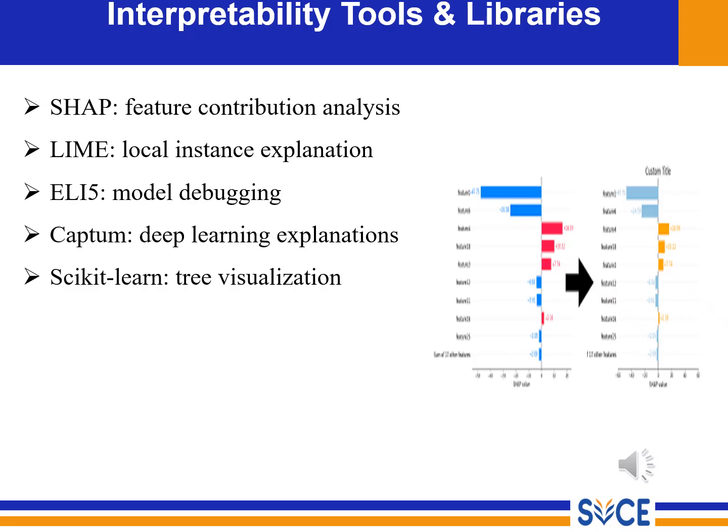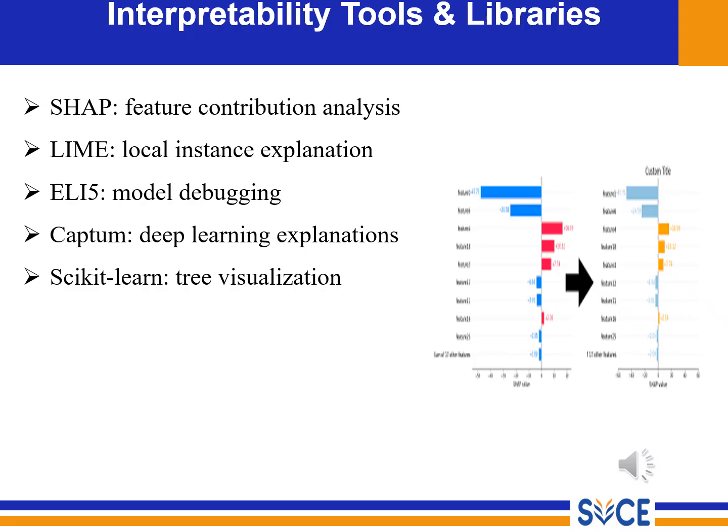Now let's talk about the tools and libraries you will actually use when implementing XAI. The first one is SHAP, which stands for Shapley Additive Explanations. It tells you how much each feature contributed to a prediction. It works globally across the whole model and locally for individual predictions.